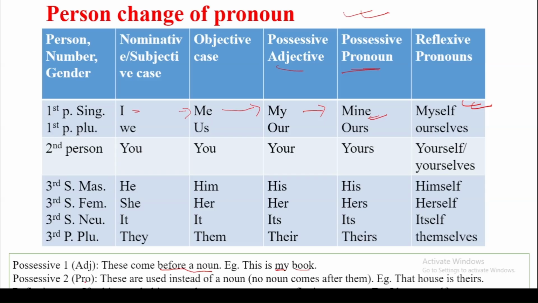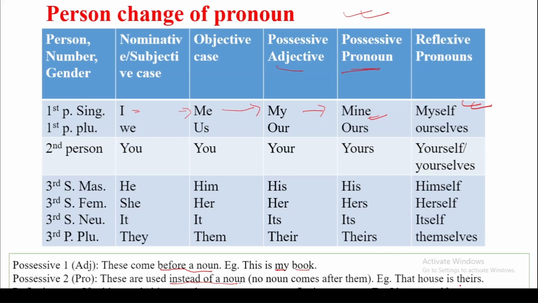Possessive two means possessive pronouns. These are used instead of a noun. We do not need to write the same noun again. Instead of the noun, we can use a possessive pronoun. No noun comes after them. After a possessive pronoun, there is no need to write a noun. Look at this example.